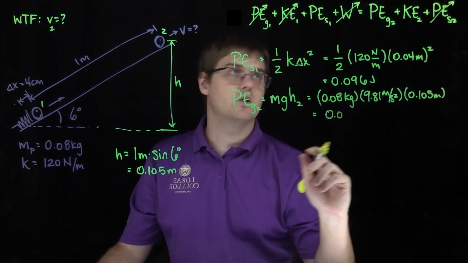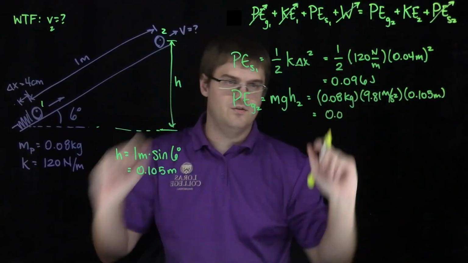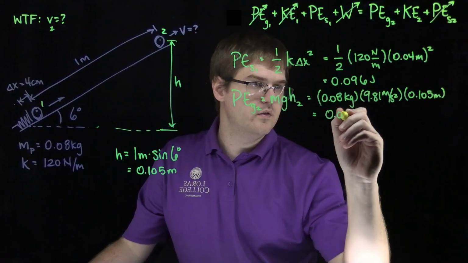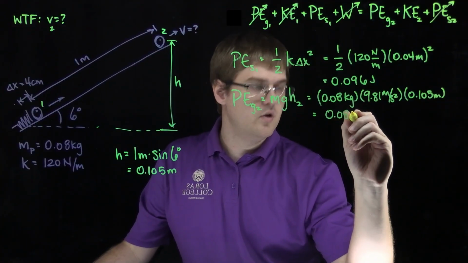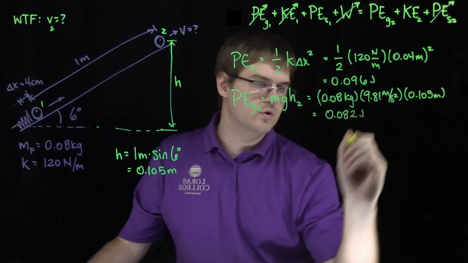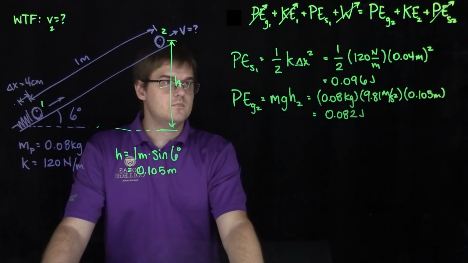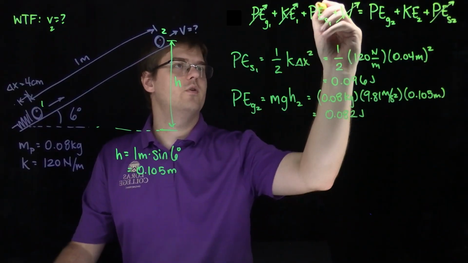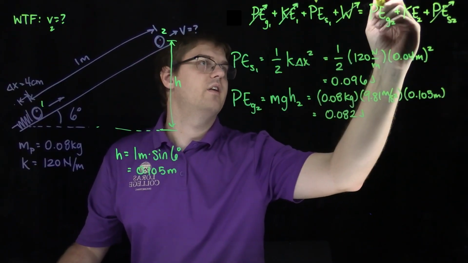Well, my potential energy 2, it is a change in potential energy because the first one was 0, of 0.082 joules. Okay, I've got this guy, so this guy is taken care of, this guy is taken care of.